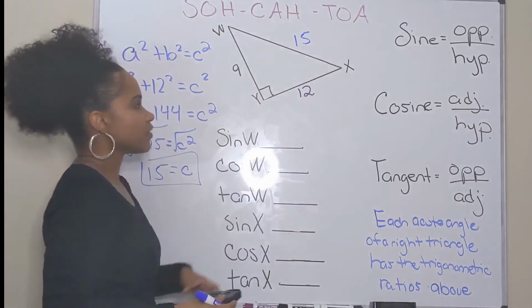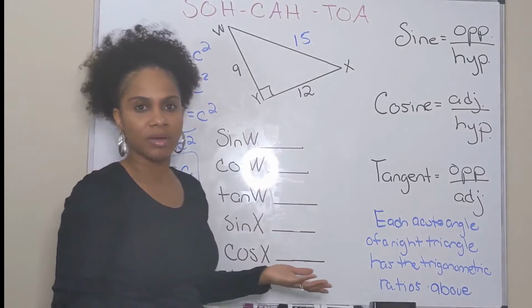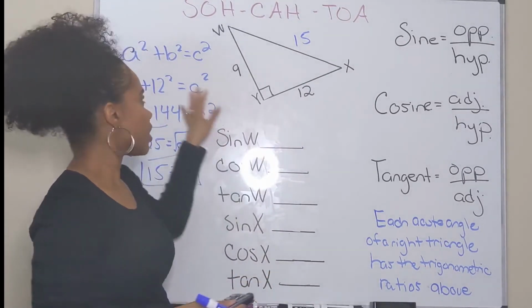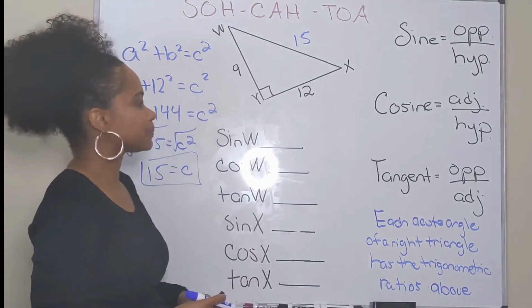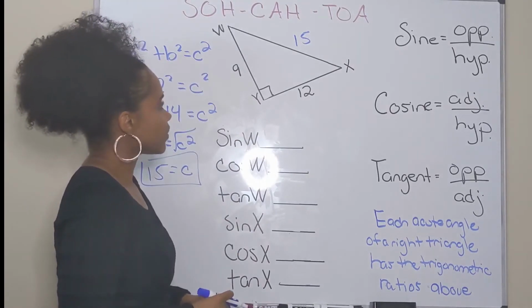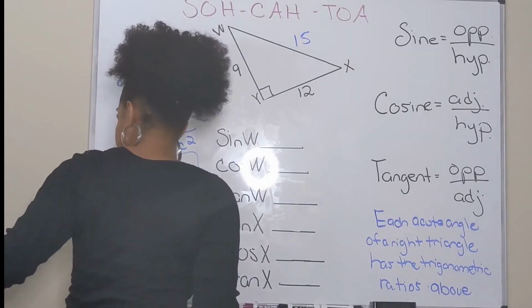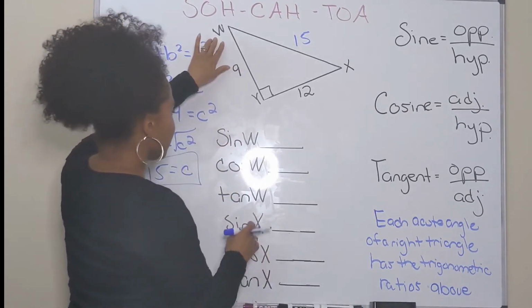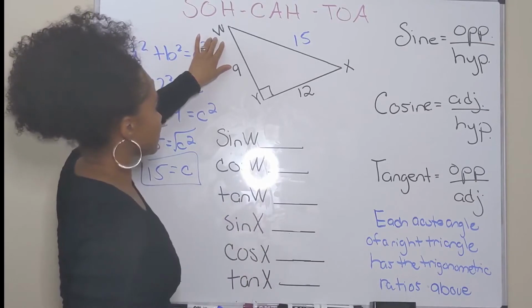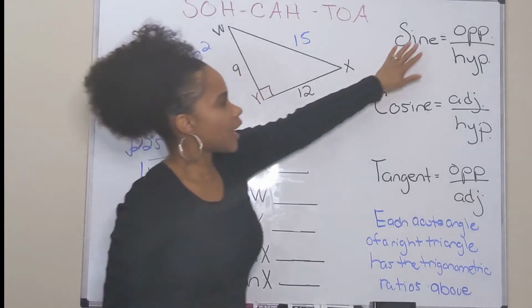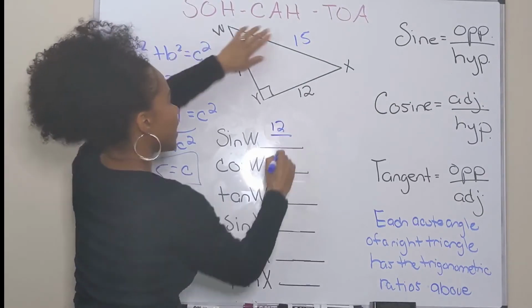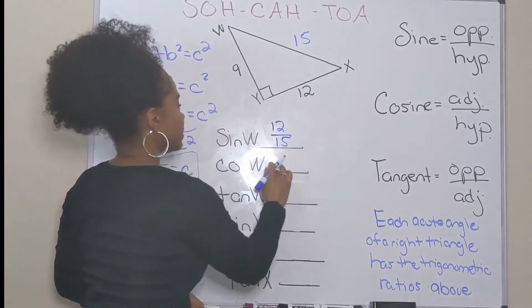Whenever you're trying to find your trig ratios and you don't have that third side, it's going to be a right triangle, so you can always use the Pythagorean Theorem. All right, let's go ahead and find our ratios here: the sine, cosine, and tangent of W. Sine is opposite over hypotenuse: opposite 12, hypotenuse 15.